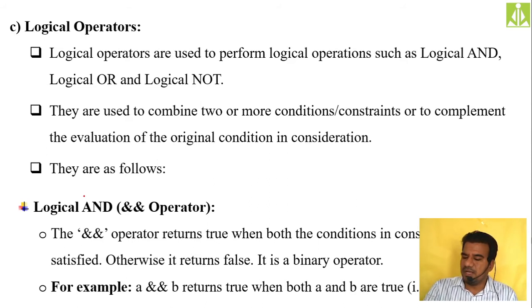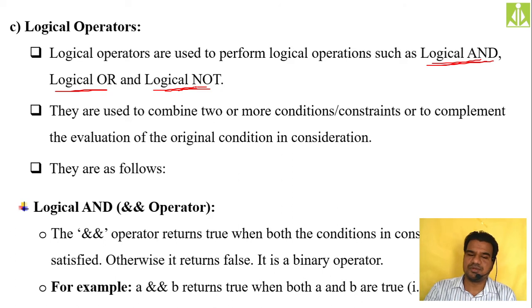What does it mean? The logical and operator is a binary operator, so it requires two operands to perform its operation. Same for logical or, it is also a binary operator, so it requires two operands. But the logical not is a unary operator, and it requires only one operand to perform its operation.